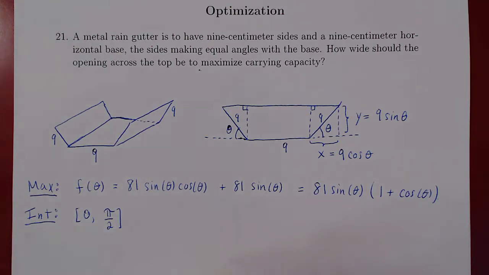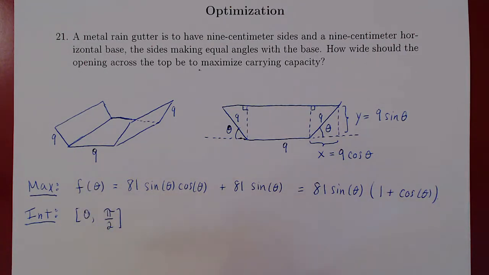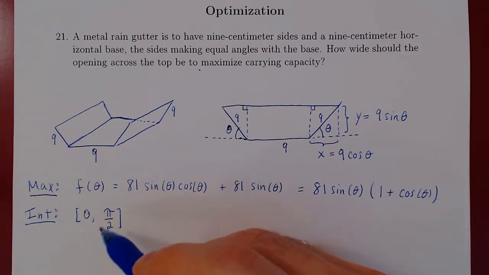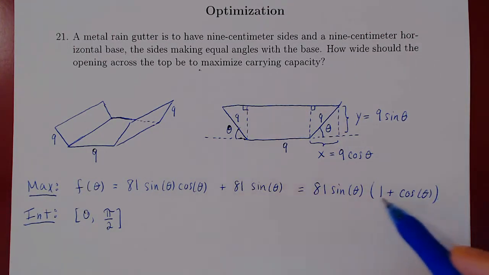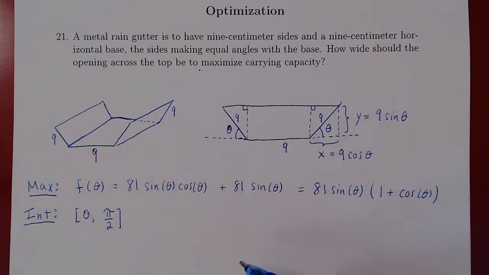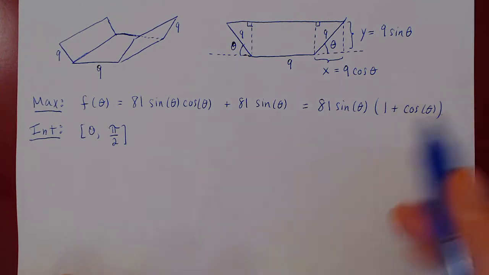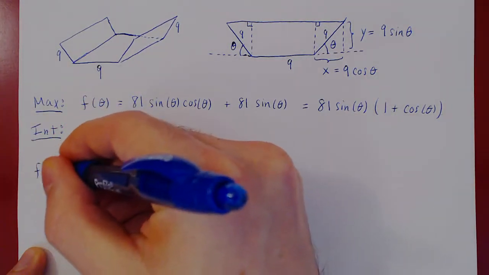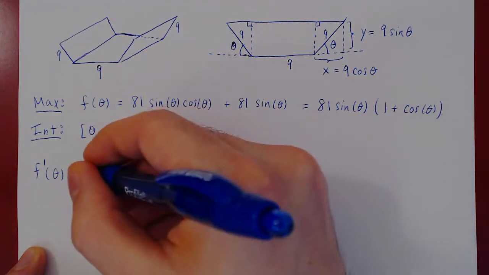We know that the maximum and minimum value of the function f on the interval will have to occur at either the left endpoint, the right endpoint, or at some critical point inside the interval. Let's find our critical points by finding the derivative of f. 81 is a constant multiple, so you can leave it up front.